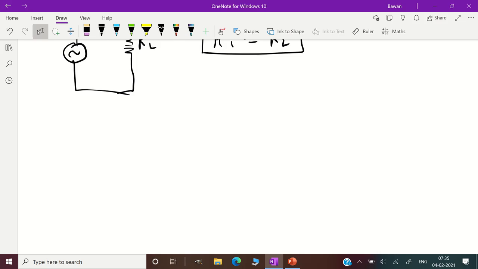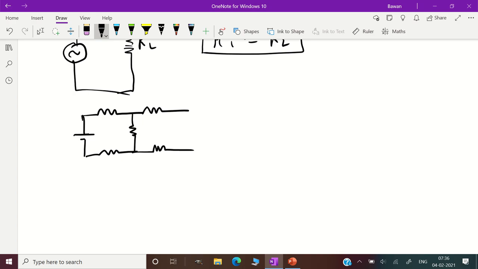You're given a circuit which looks something like this. In this circuit, you have resistances, and we have also a resistance here, and let's call this AB, and here we have the load RL.